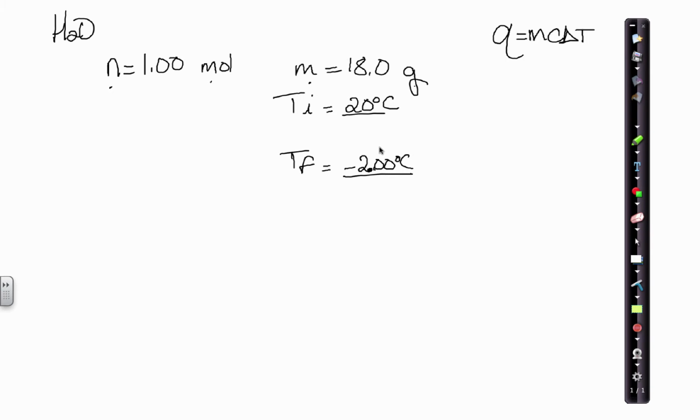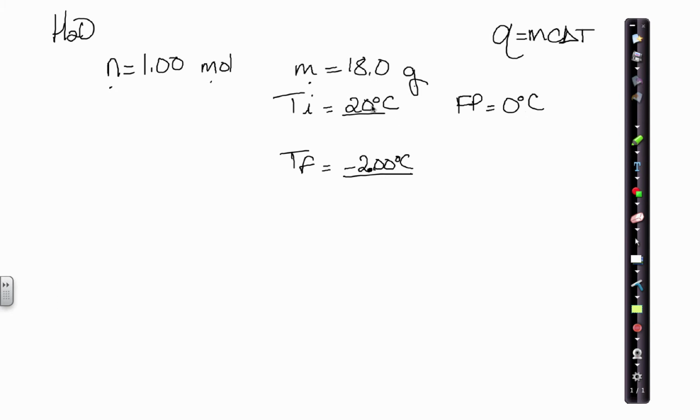And it does tell you that you go through a phase change here, but you also know that the freezing point of water is 0 degrees Celsius. And I know that the boiling point is 100 degrees Celsius, but we're not even in that temperature range, so I don't need to worry about that. So I know the freezing point of water is 0 degrees Celsius.